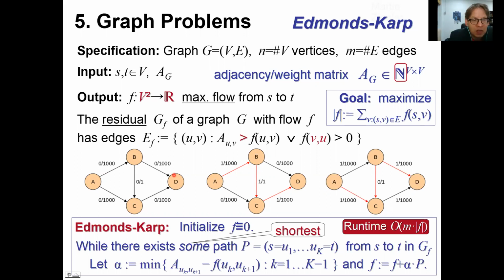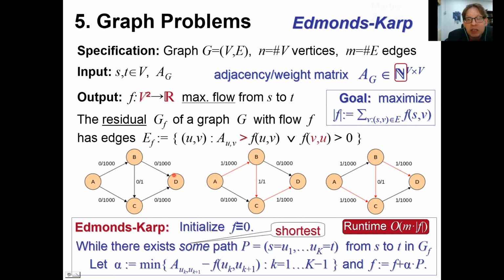named after Jack Edmonds and Richard Karp, famous computer scientists. And so this is a specification of Ford-Fulkerson, namely not take some augmenting path, but take a shortest augmenting path.